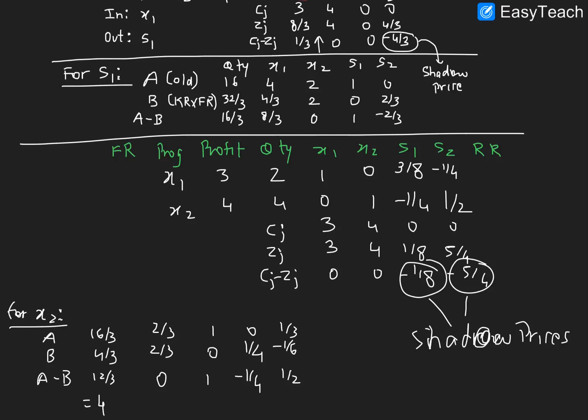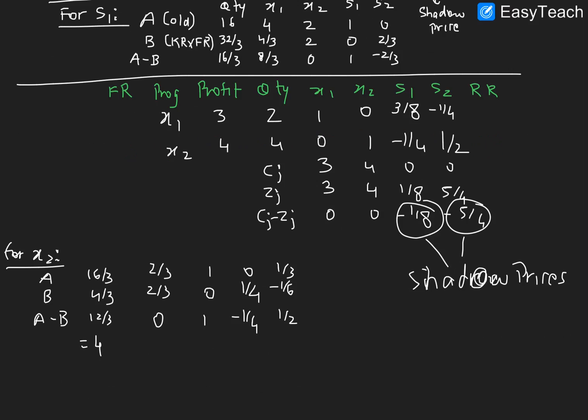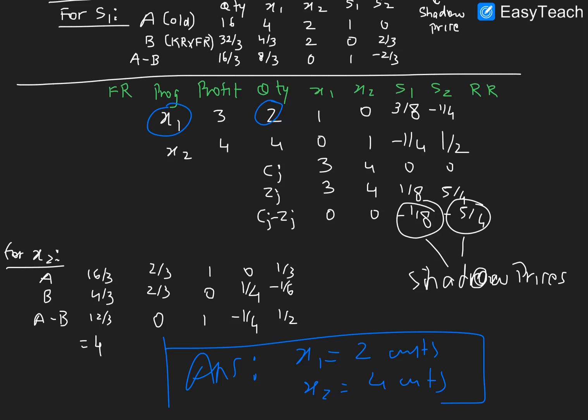So the final answer, or the solution, is that x1 should be produced 2 units, x2 is equal to 4 units.